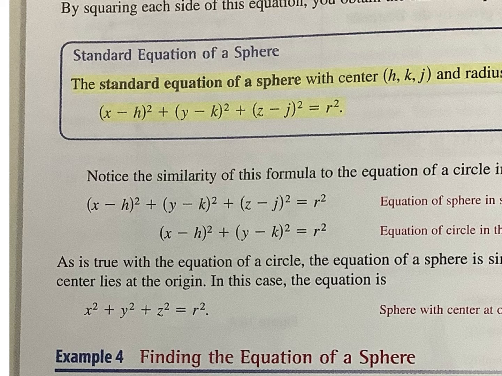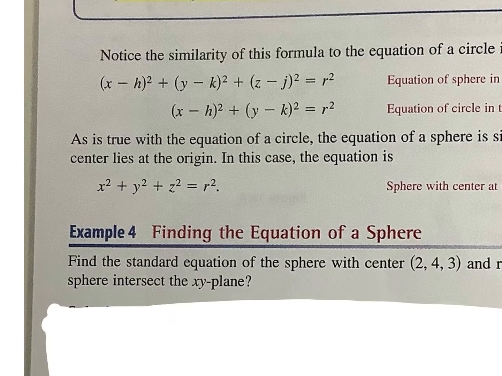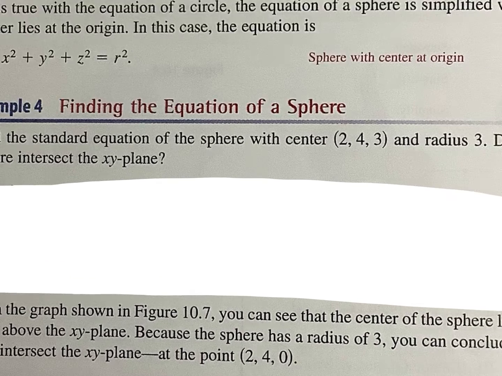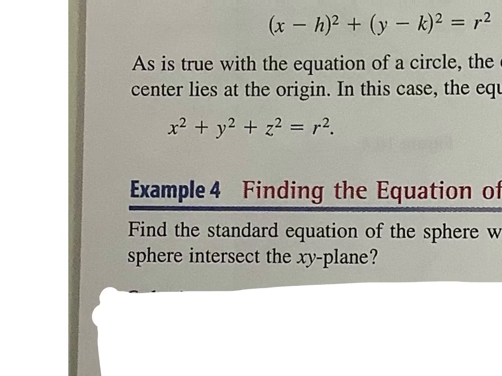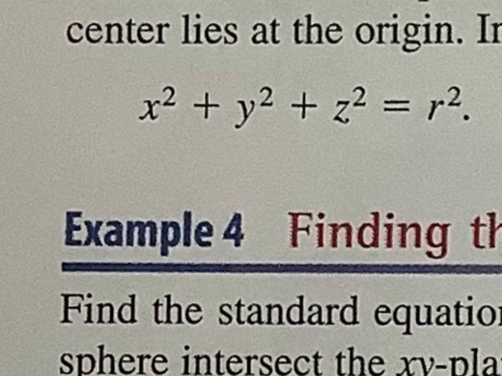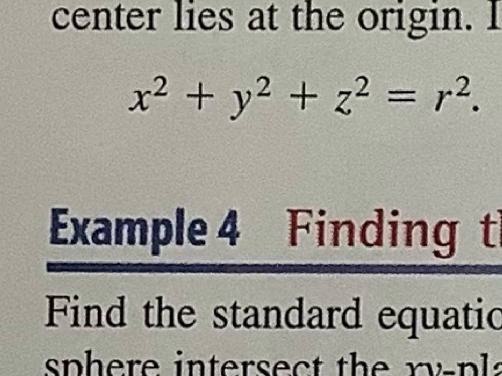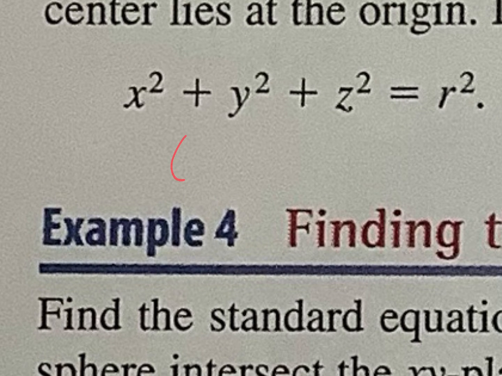So in an example where they say, okay, here is an ordered triple, and here's the radius. Go ahead and figure out what the equation of the sphere is. First of all, if I look at this one, what is the center for this sphere? What's being added or subtracted to x, to y, and to z?